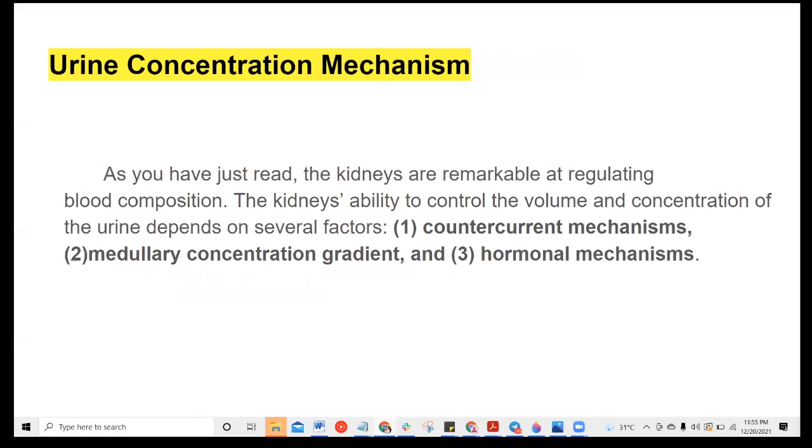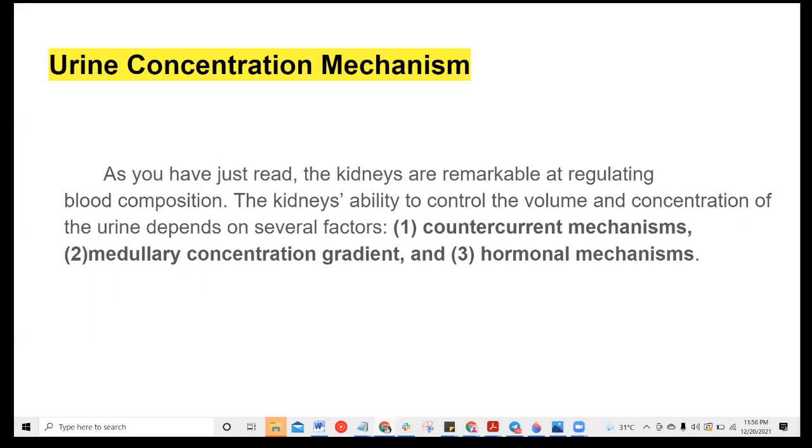Next is the urine concentration mechanism. As you have read in earlier slides, the kidneys are remarkable at regulating blood composition. The kidney's ability to control the volume and concentration of the urine depends on several factors. First is the countercurrent mechanisms.